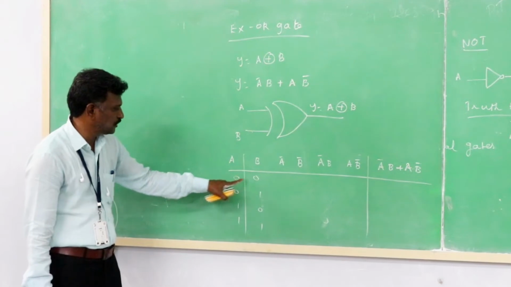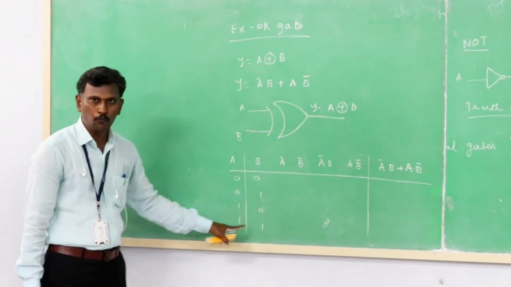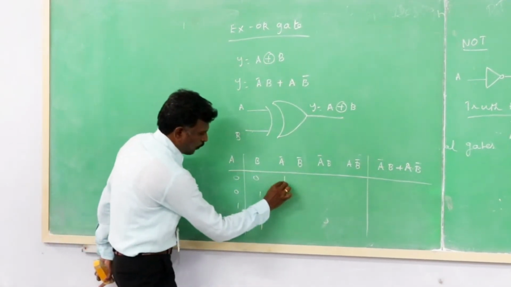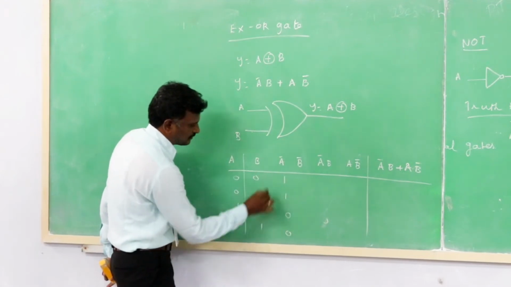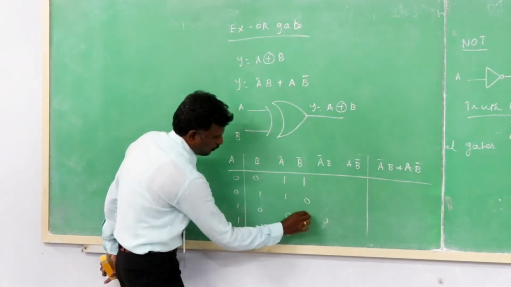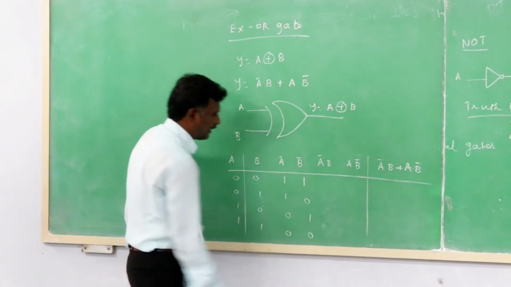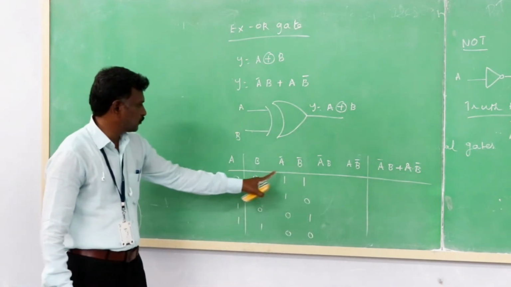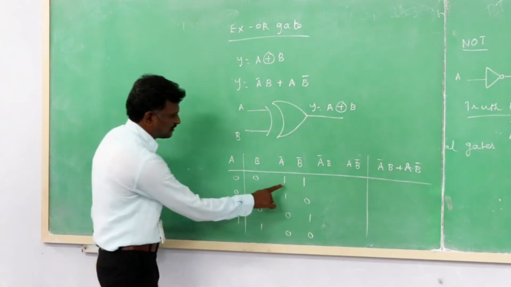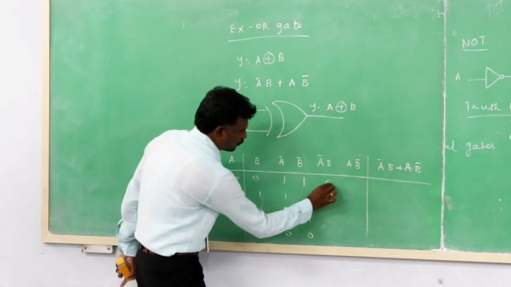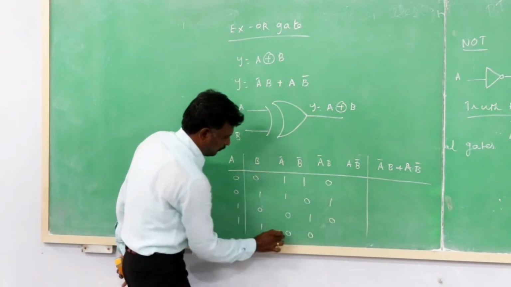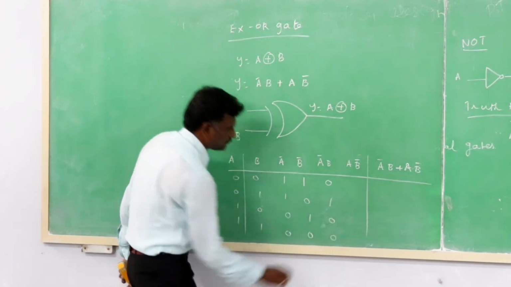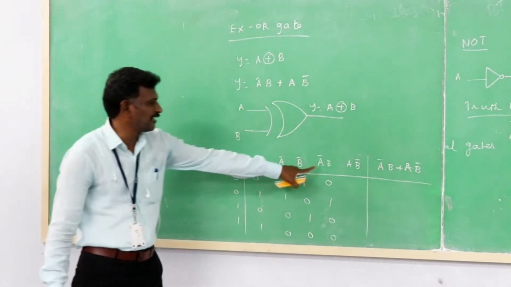A bar means 1 1 0 0. B bar, the inverse of B, is 1 0 1 0. For A bar into B, we multiply these two columns: 1 into 0 is 0, 1 into 1 is 1, 0 into 0 is 0, 0 into 0 is 0, because this is an AND operation.